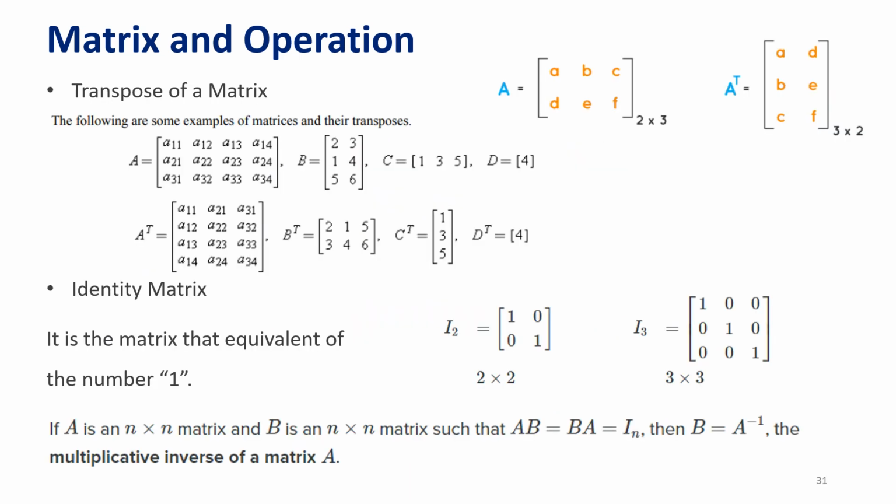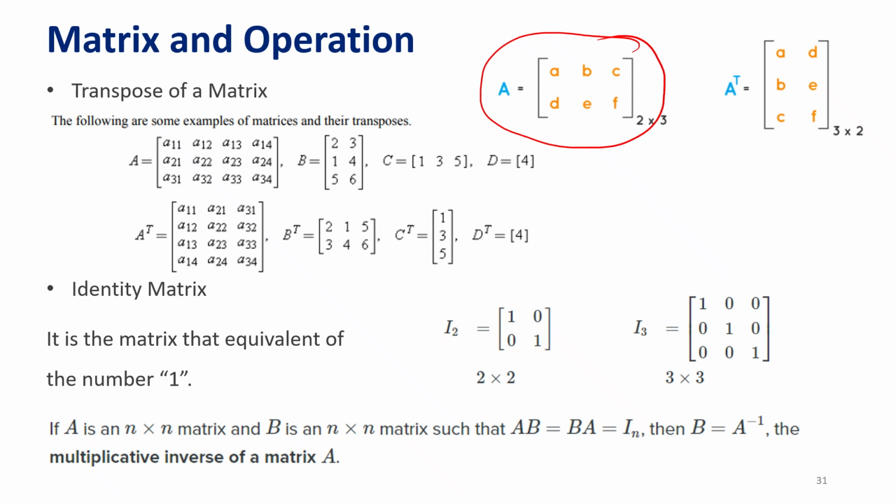And the next concept is about the transpose of a matrix. It's formed by turning all the rows of a given matrix, let's say you have this one, into columns, and vice versa, the columns into its rows.